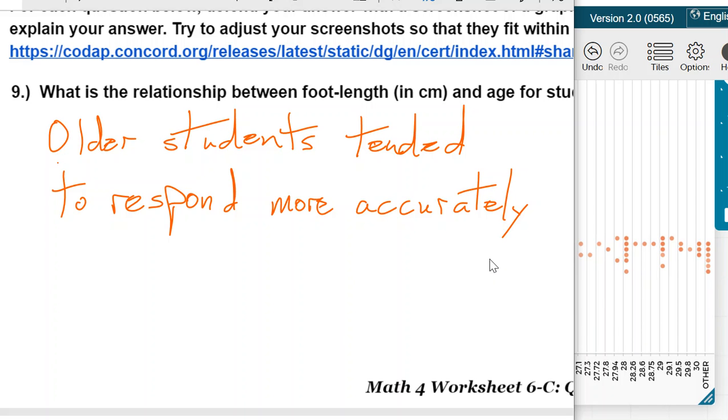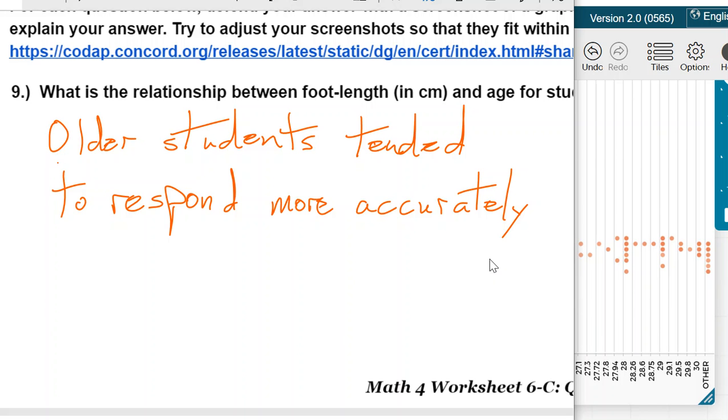Now, what we are noticing from the data is that there is a relationship between how accurate, do they just give you the response in a whole number, or do they give you a decimal? The 16, 17, and 18-year-olds have more of a tendency to give you the decimal than the younger crowd does.